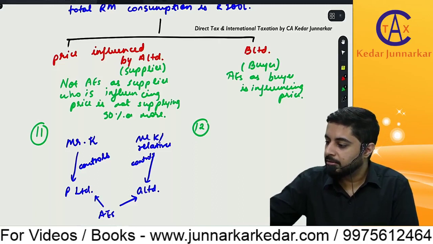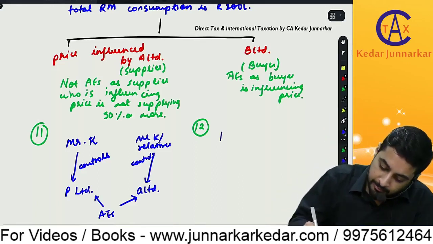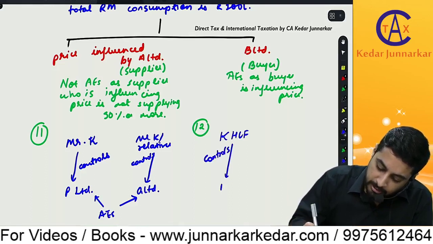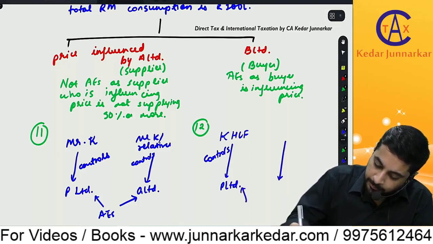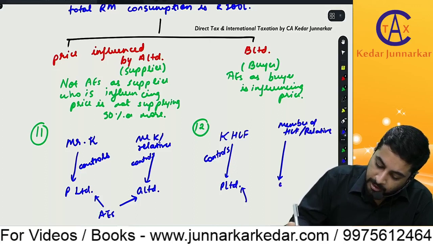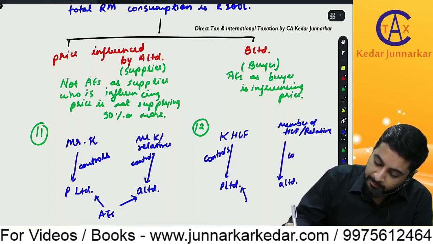They are AEs. And K HUF controls P Limited. And members of the HUF or their relatives or all of them together control Q Limited.